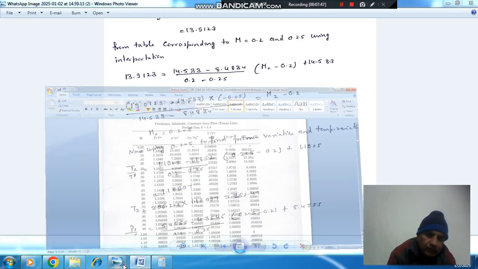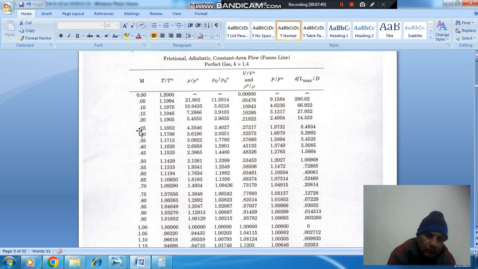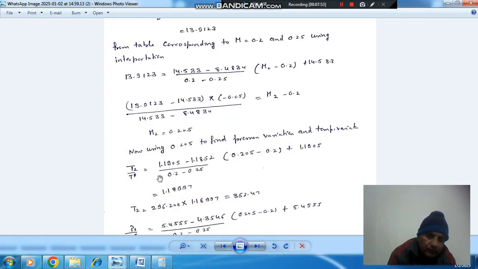But we have the properties at 0.2 and 0.25. So again using interpolation, that is T by T star corresponding to 0.2 and that is corresponding to 0.25, and that is the rate of change of T by T star with respect to the Mach number.